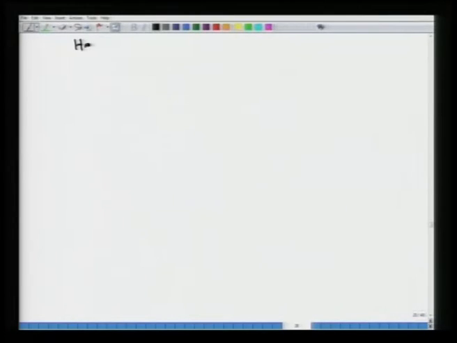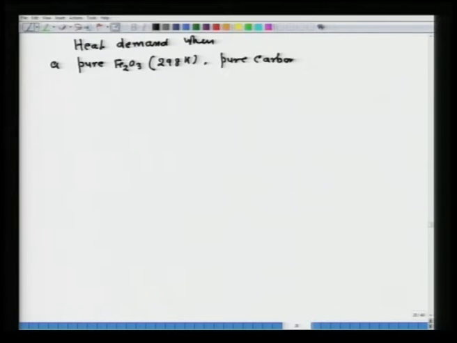Now, let us calculate heat demand again in kilojoule per kg mole of iron, for condition A, where we have pure Fe2O3 as earlier, supplied at 298 Kelvin, pure carbon again at 298 Kelvin, and liquid iron at 1800 Kelvin.